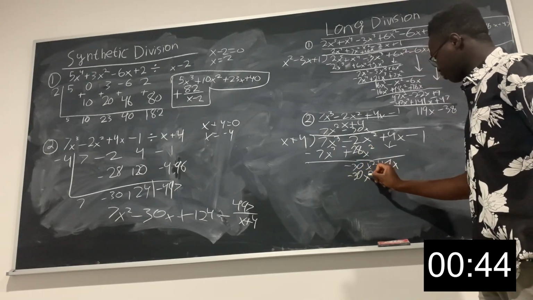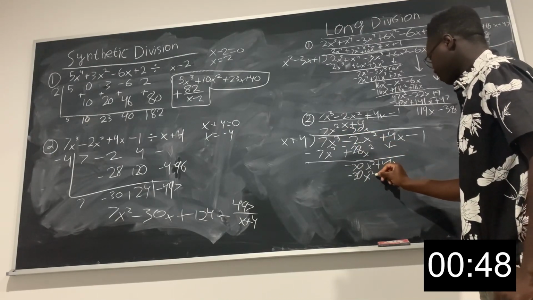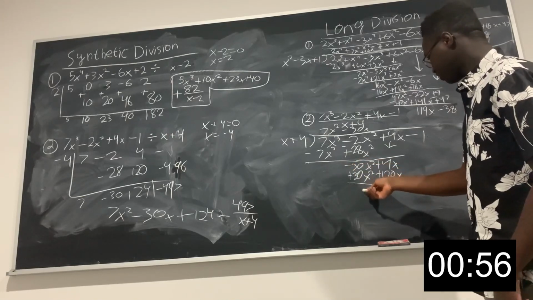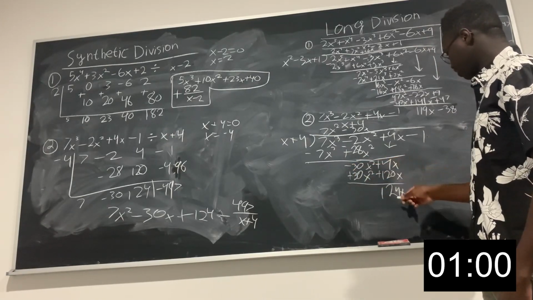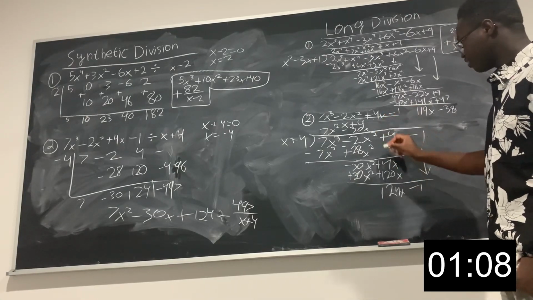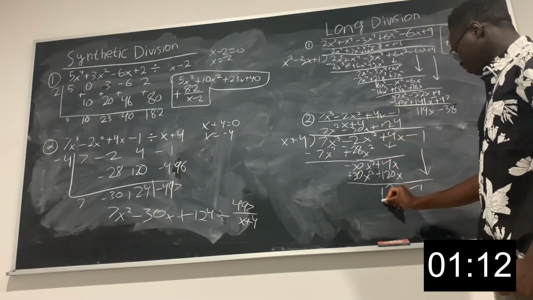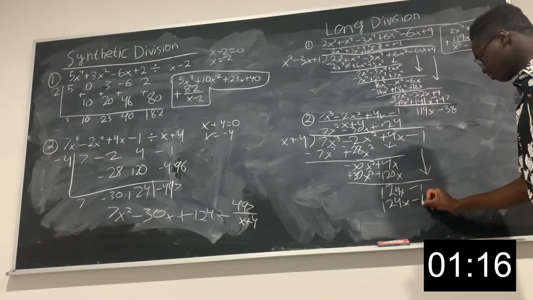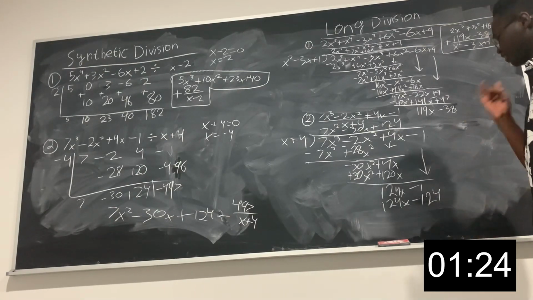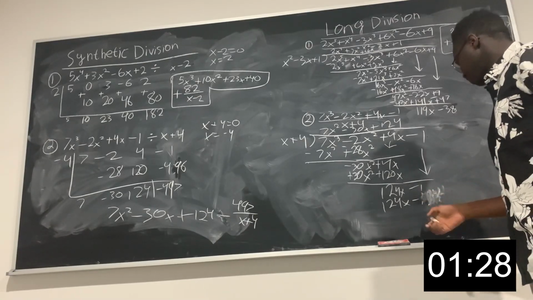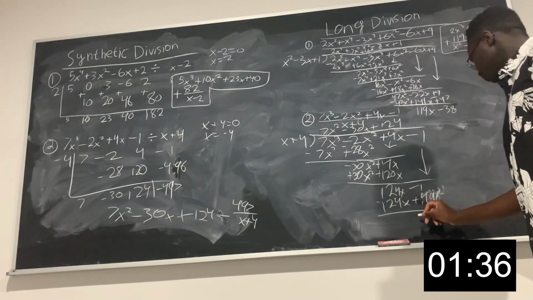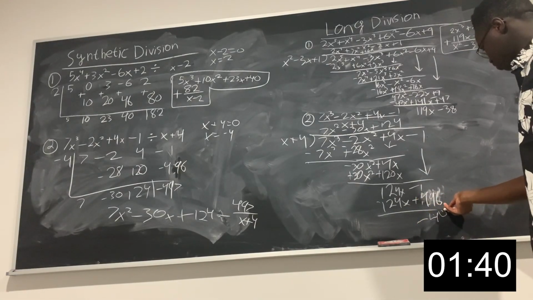Minus 30x squared. Then negative 30 times 4 is going to be minus 120x, and then this becomes 0, 124x, and then bring down minus 1, and then add 124. 124x minus, 124 times 4, which is 496, then minus this, minus 497.